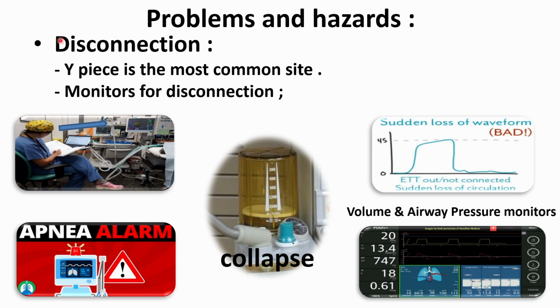For this reason this is an MCQ question: how to detect anesthesia machine disconnection, or what are the monitors for disconnection. The first and most important monitor of disconnection is the anesthetist himself, because you need to give full attention to the patient. You need to be attending during the OT.